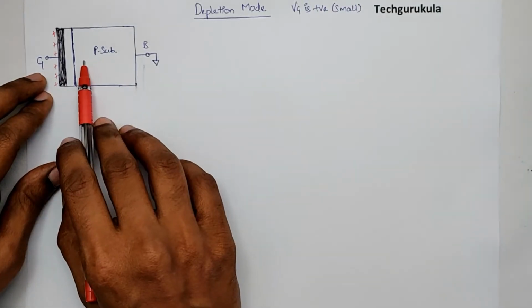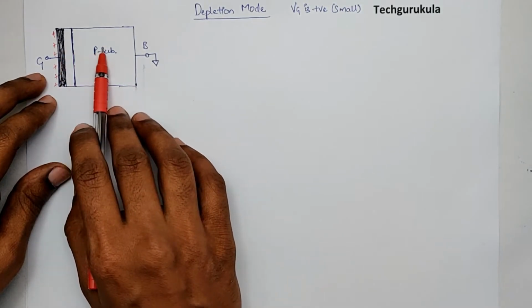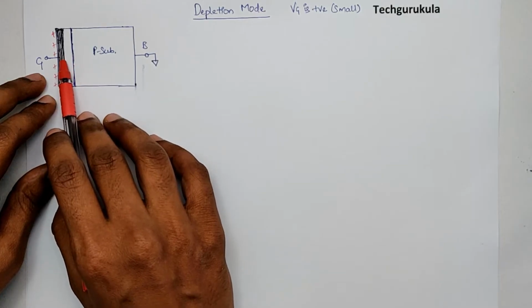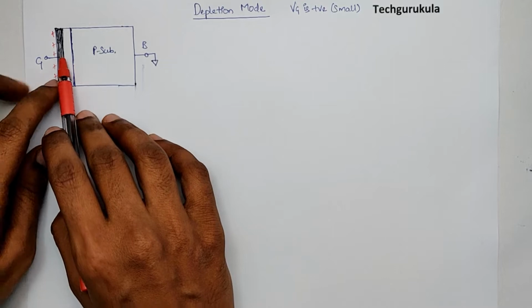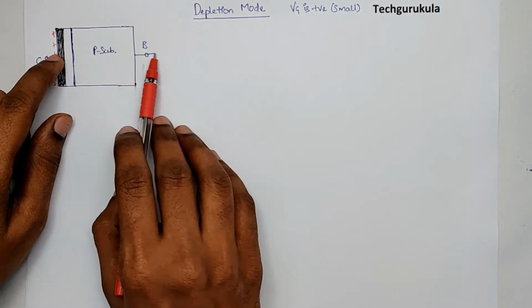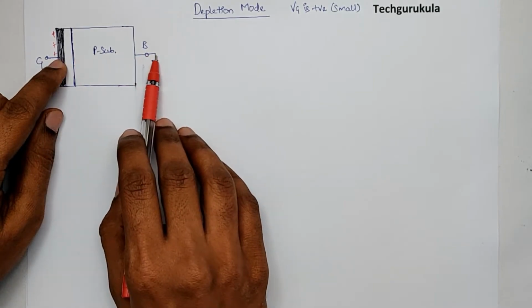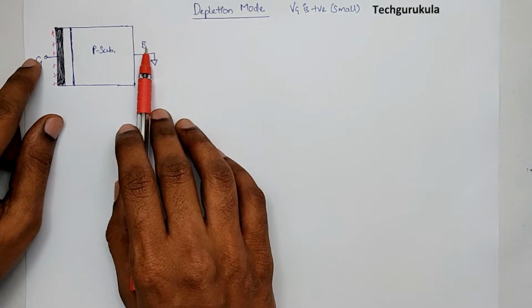Then the majority carriers, holes in the p-type substrate, would get repelled because there is oxide here. These positive charges cannot go through the oxide. Hence, when positive charges come onto the metal, they repel the majority carrier holes. They go away to the ground. However many positive charges come to the gate, that many holes go to ground, so that it stays charge neutral.